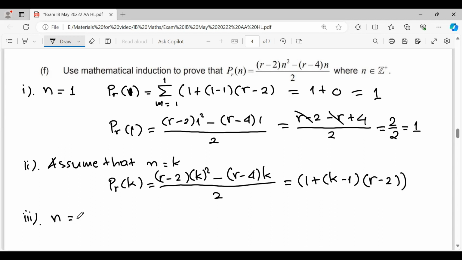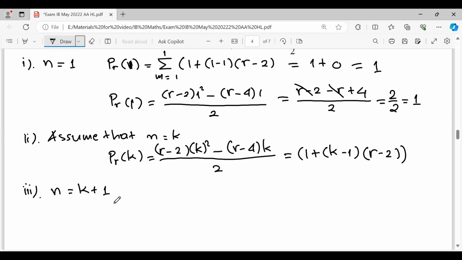For the third step, we show that the statement is correct for n equals k plus 1.